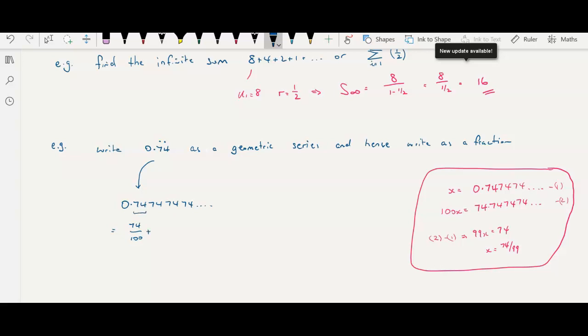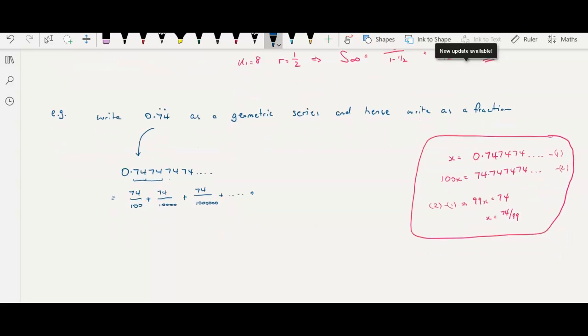We would then be looking to add 0.0074, which is 74 over 10,000, so that now accounts for those 4 decimal places, to which we would add 0.000074, which is 74 over, I think, 1 million now, and so on. Okay, this is our sum that we get from this recurring decimal.